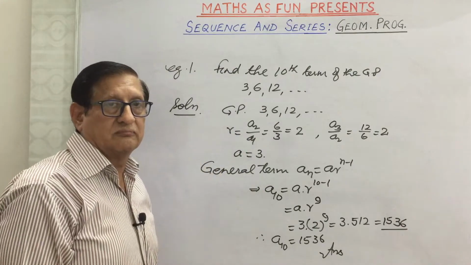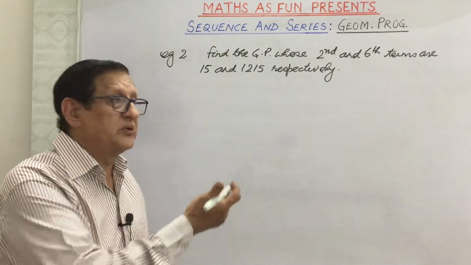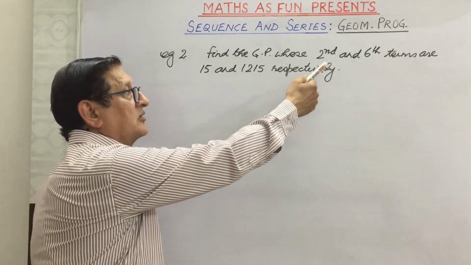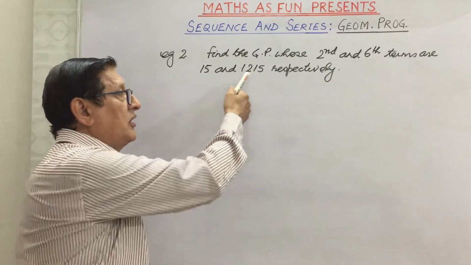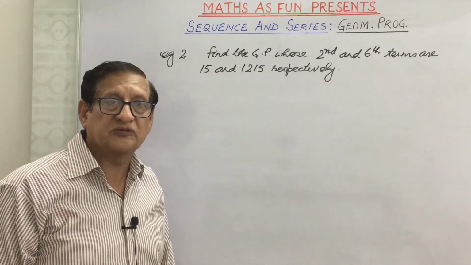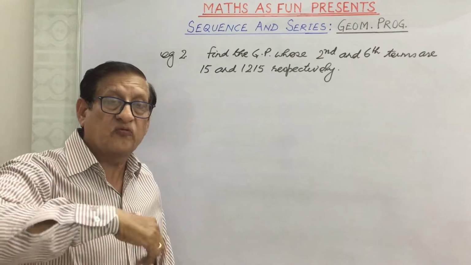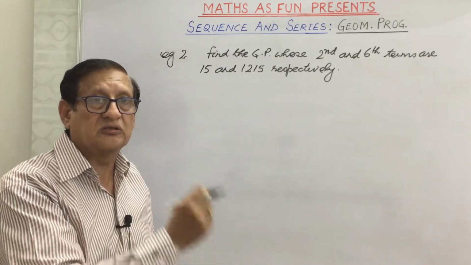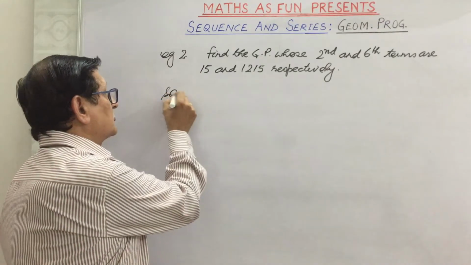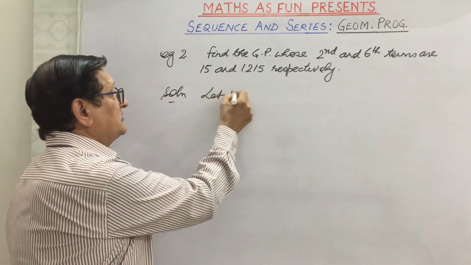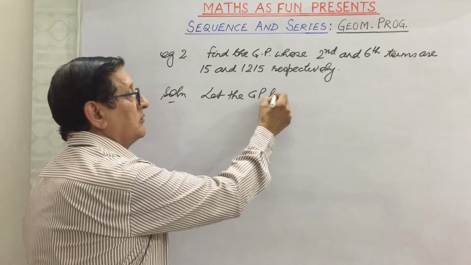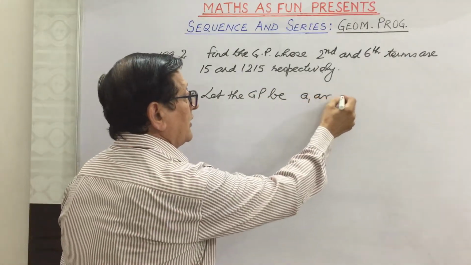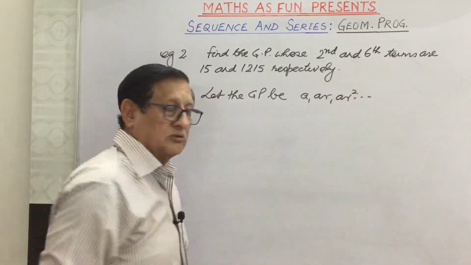the general term. We discuss one more problem based on the general term, that is: find the GP whose second and sixth terms are 15 and 1215 respectively. Since we have to find out the GP, first of all we have to consider the GP. So we write in the solution, let the GP be, we will take the general form of GP, A, AR, AR square and so on.